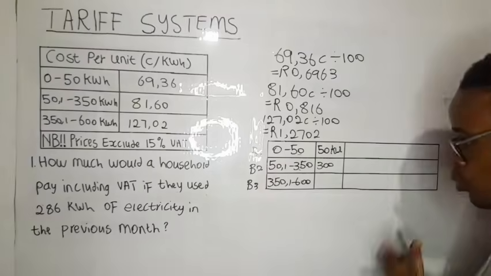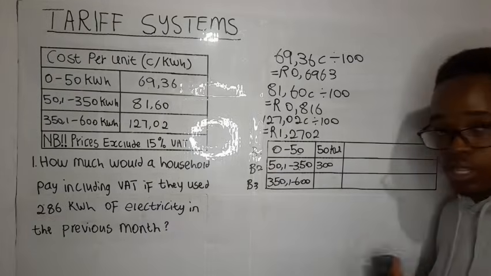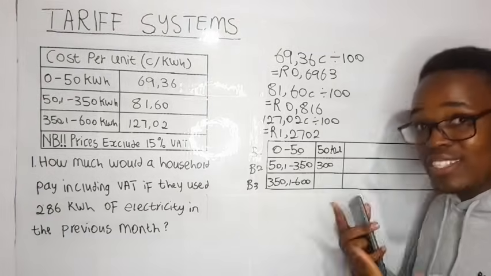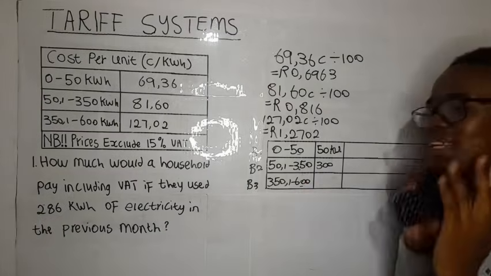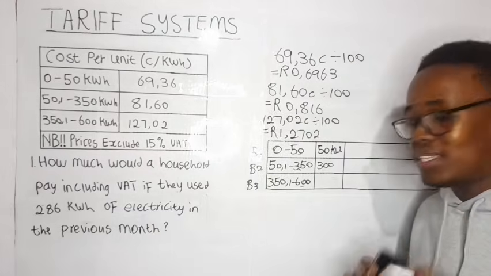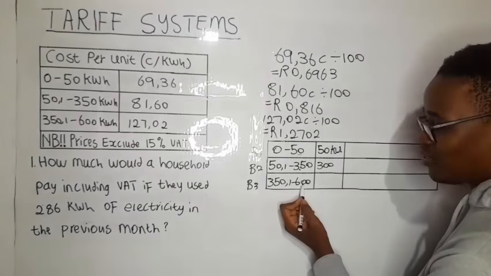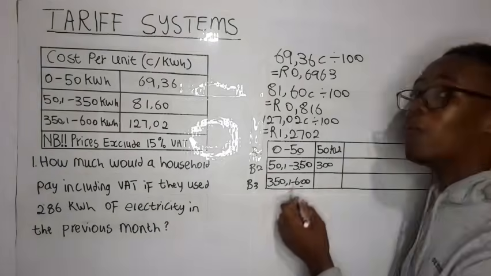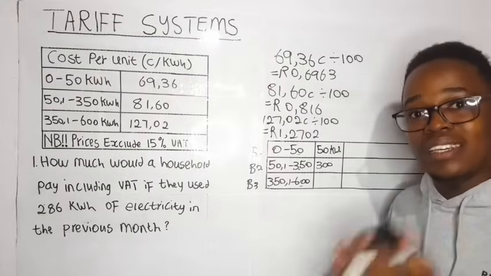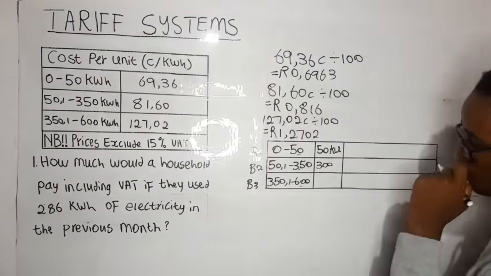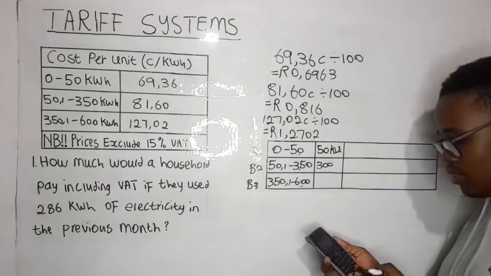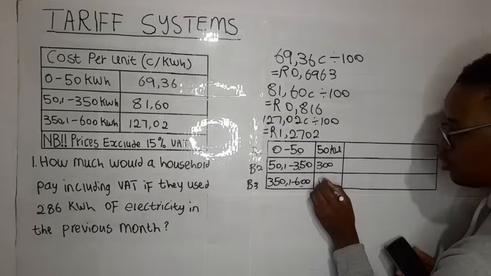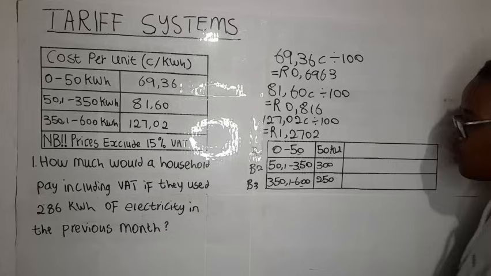And then you go to the next block, the third block, which is the last block. You do the same thing you did on the previous block. It's 600 minus 350. Please make sure that you don't make the mistake of saying 600 minus 350.1 because it is going to be incorrect. So it's 600 minus 350. It gives us 250, right?